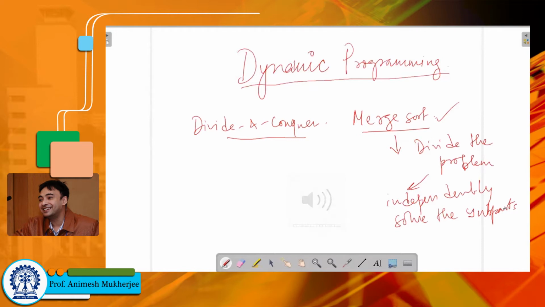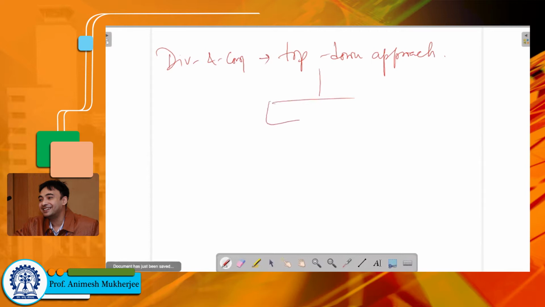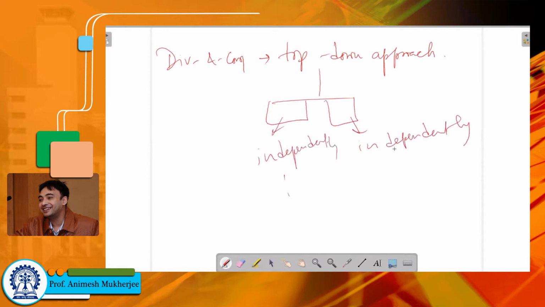So typically these kinds of problems, the divide and conquer type of problems, are solved in a top-down approach. That is, you break the problem into two parts and then you solve the individual parts independently, and you keep on doing this.